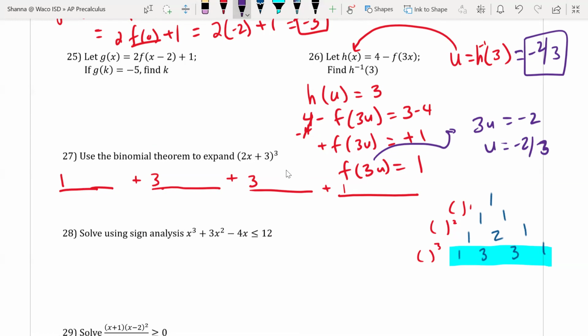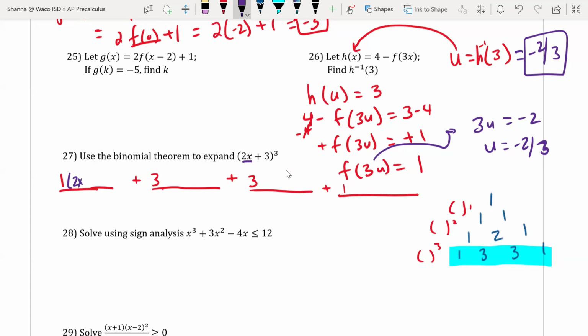Okay, so that's the beginning of it. Then after that, you're going to look at your A term and your B term, okay? For your A term, you are decreasing its power. For your B term, you are increasing its power, okay? So my A term is 2x.